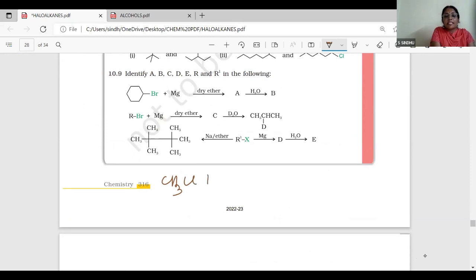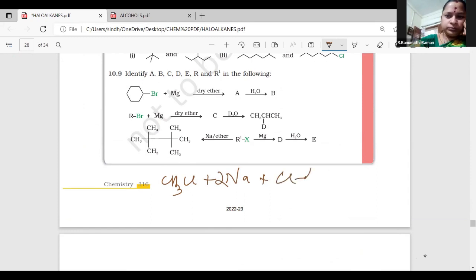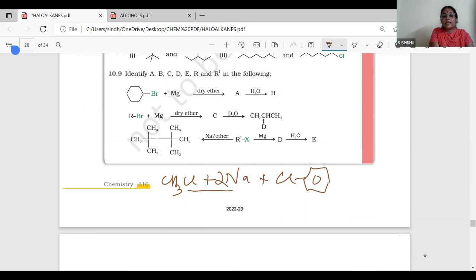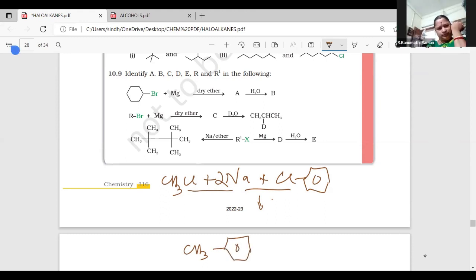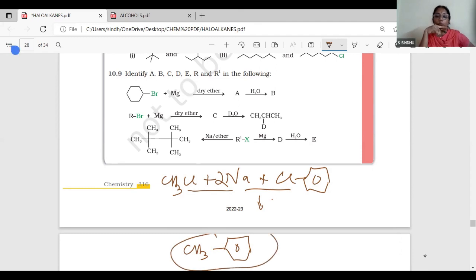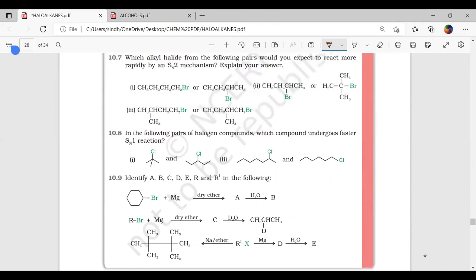If I go in for CH3Cl and C6H5Cl, we get toluene, is it not? So one Na goes with the Cl, another Na with the other Cl, in dry ether. So we're going to get CH3-C6H5. So when we need aryl compounds, we can go for the Wurtz-Fittig reaction. Yes, so that's the only difference there. When the names are differing, the reaction is similar.